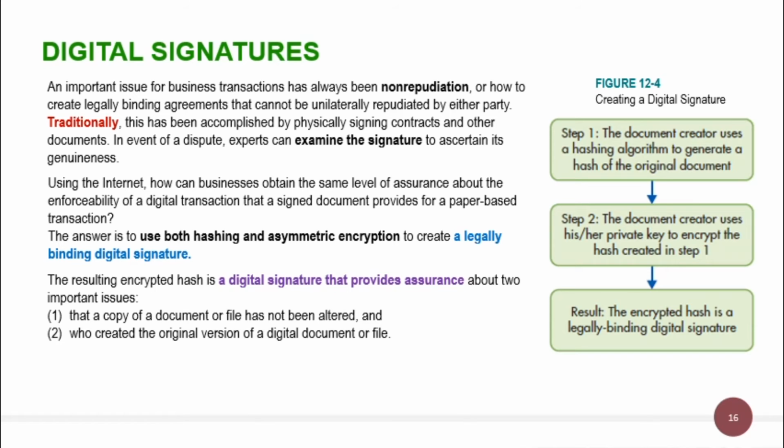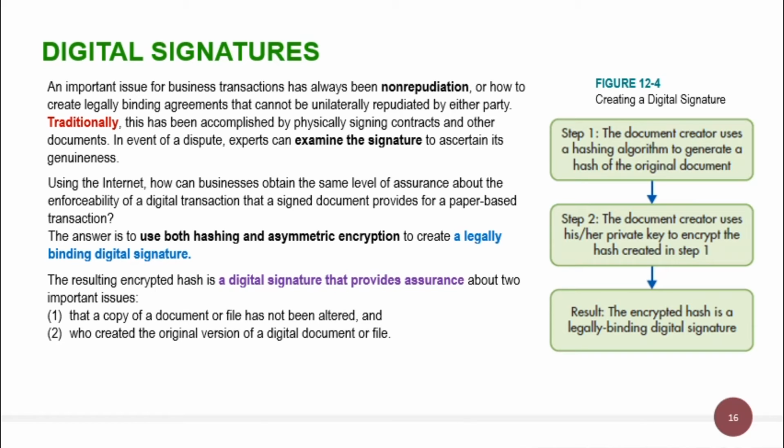So if using the internet, how can we do that? We can do that by using a legally binding digital signature, using both hashing and asymmetric encryption.